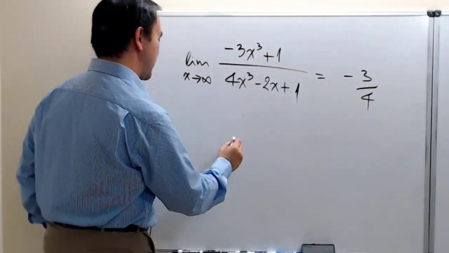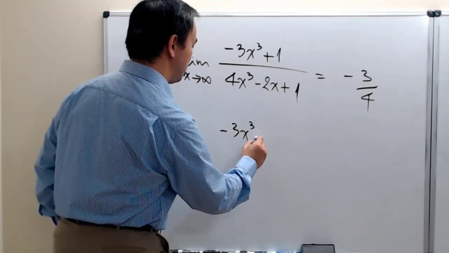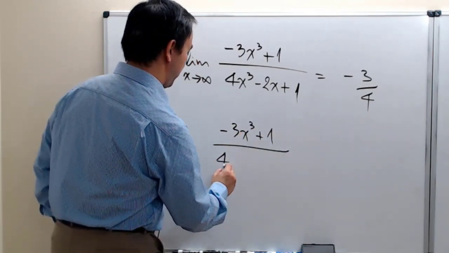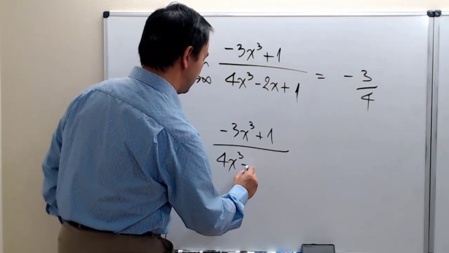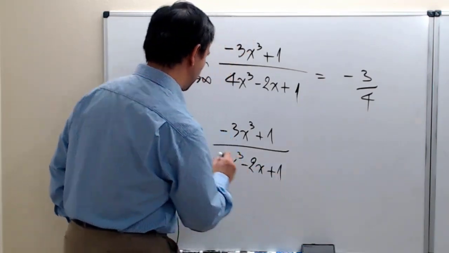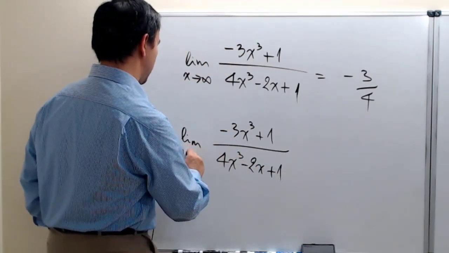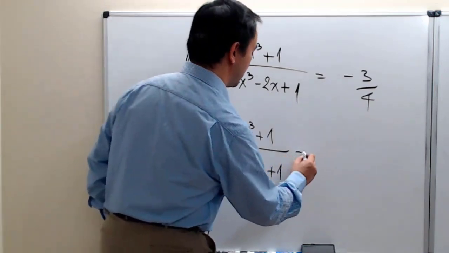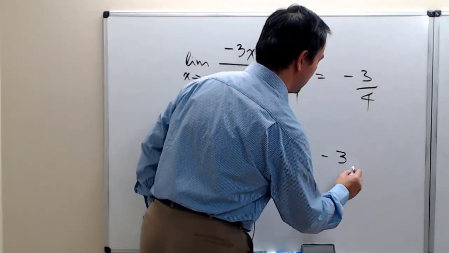We also investigated the same function, negative 3x cubed plus 1 over 4x cubed minus 2x plus 1, as x goes to positive infinity. This was also negative 3/4.